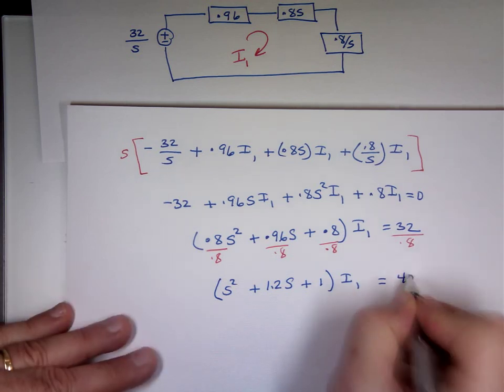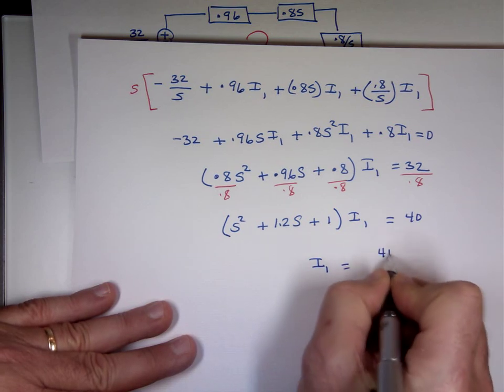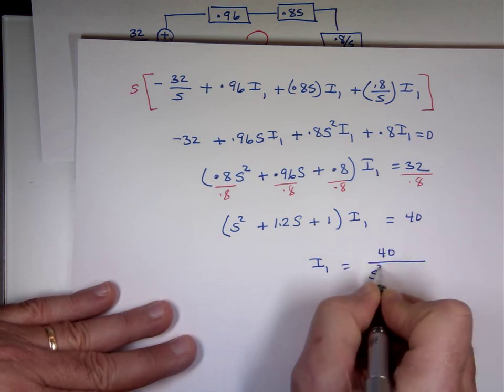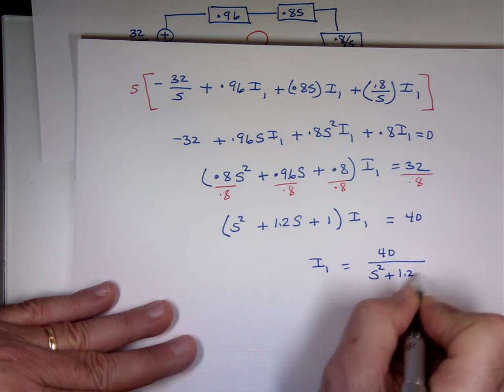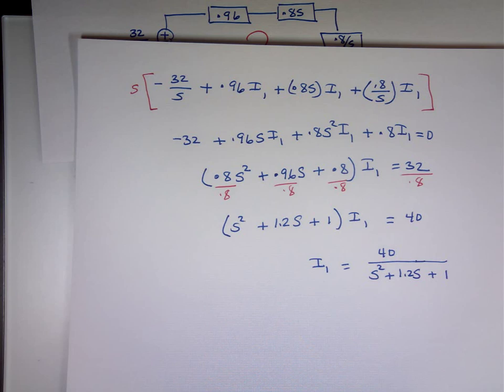I should start with this earlier, huh? And if I can factor that, I'm in good shape. Negative 1.2.